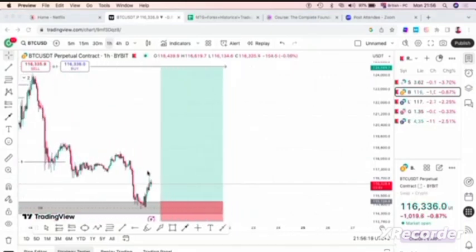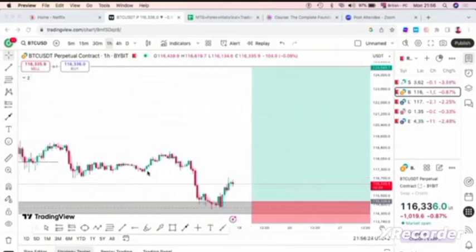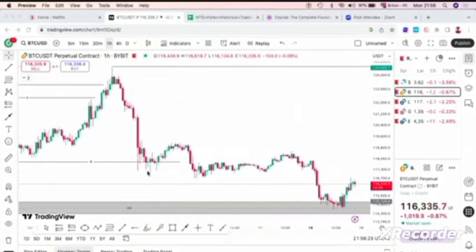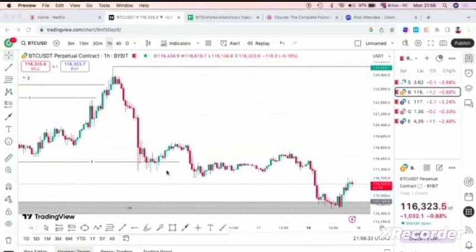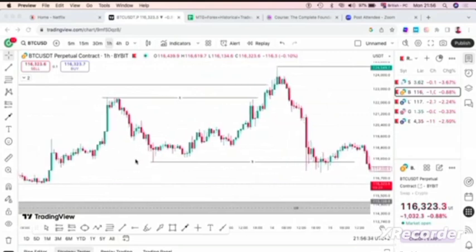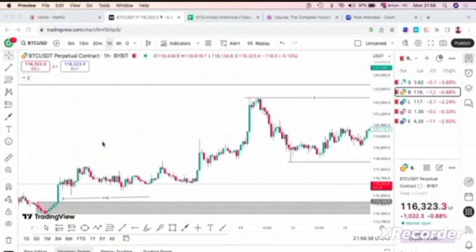This is a Bitcoin chart here. Let's try and spot the doji. So for example, let's spot a doji first, which is one of the reversal candles.